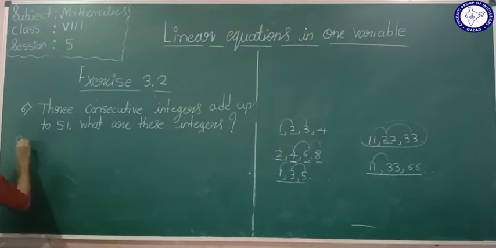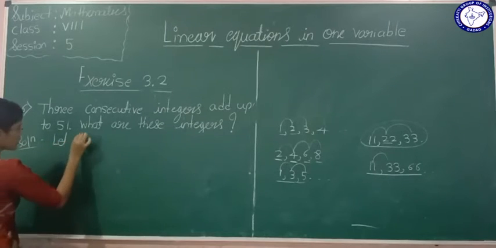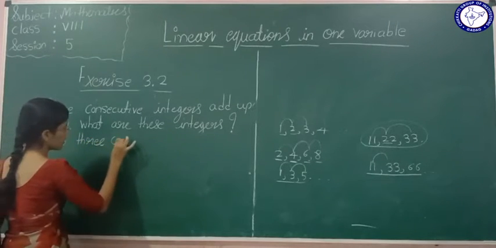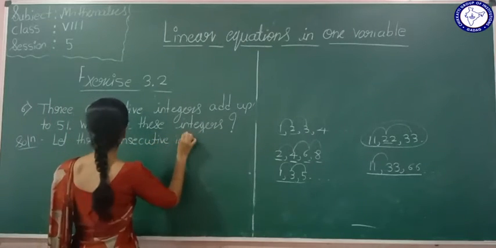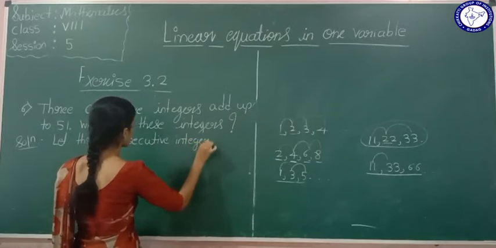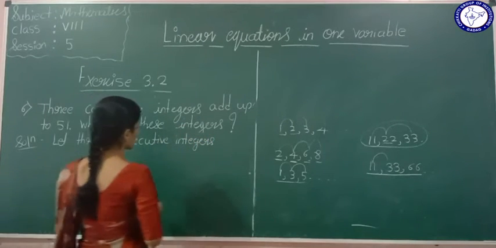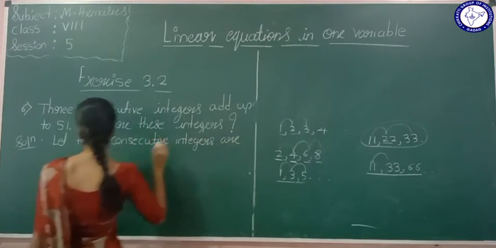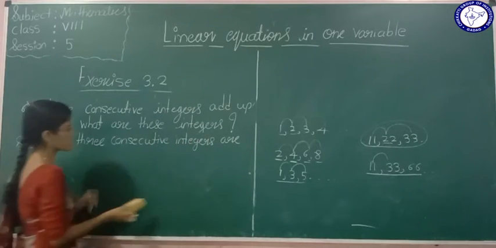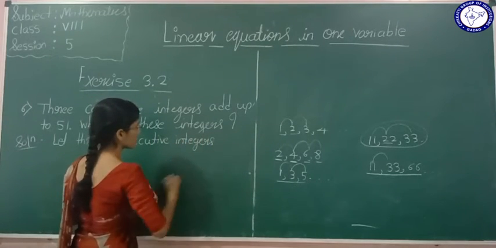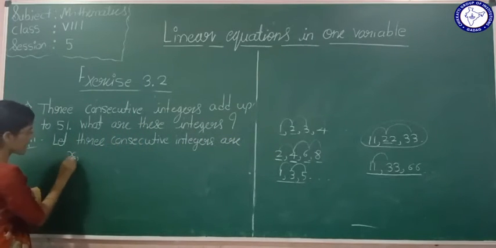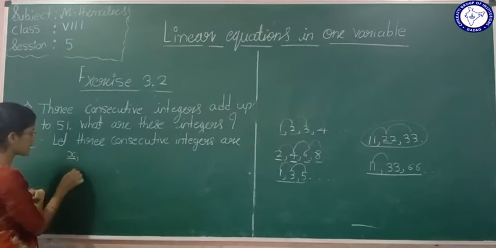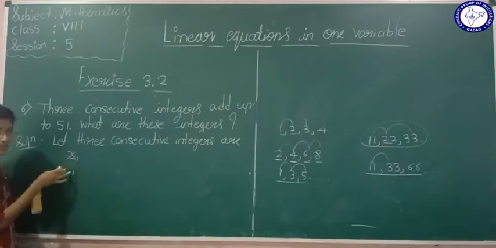Here we will assume, let the 3 consecutive integers be x. Suppose x means, suppose I take any integer 1. Okay, I don't know here which is that.